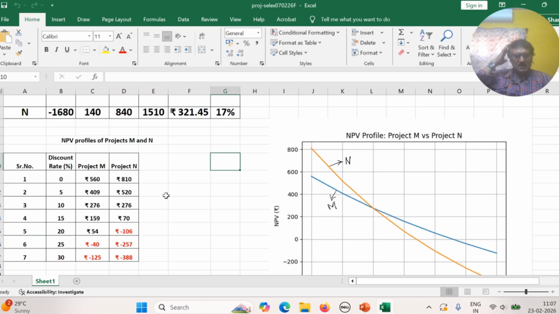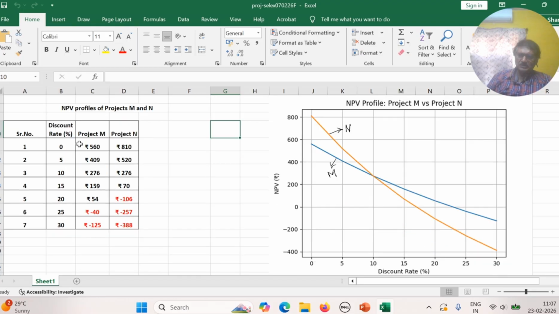So to get the idea, I have analyzed the same projects with different discount rates, starting from zero discount rate, 5%, 10% in this way, and calculated the NPV value. These are the NPV values. Say for 5%, the net present value for project M is this, and for project N is this. The calculation is very easy because we have used the formula only to drag.